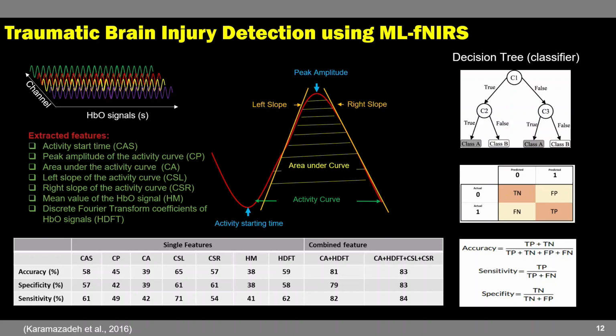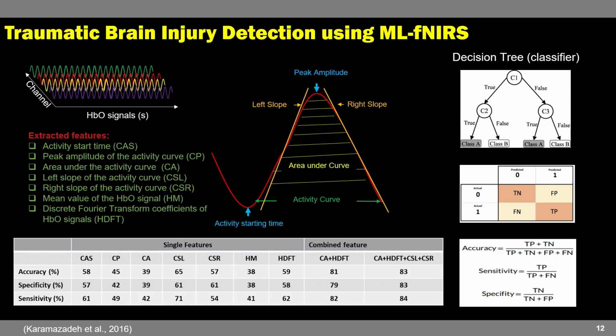If the predicted value is, for example, a healthy person, and the actual value is also a healthy person, we call that a true negative. And if you predict a patient, but actually it is a healthy person, we call that a false positive.